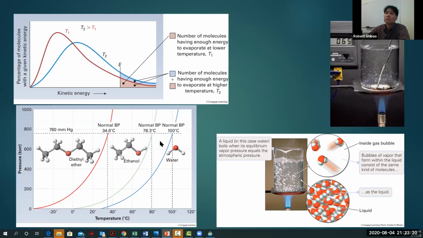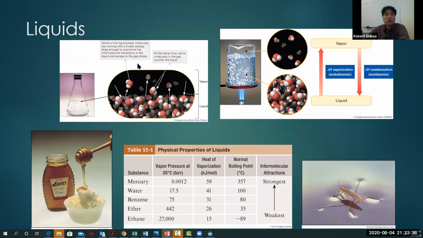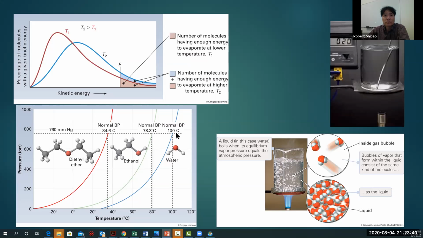When enough heat is added, the vapor pressure of the water equals the atmospheric pressure. At this point, large bubbles of vapor begin to form in the liquid, and the liquid boils. Okay, so that was boiling there. And so let's take a look. Boiling point is one of the characteristics.